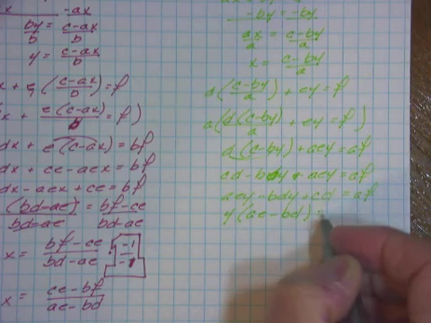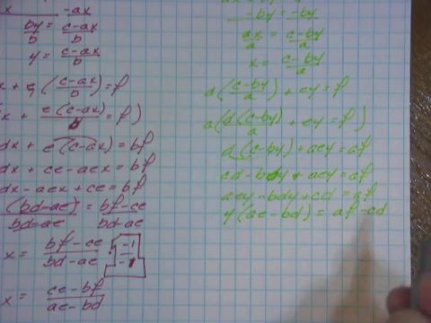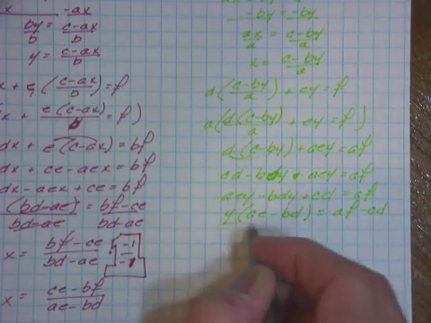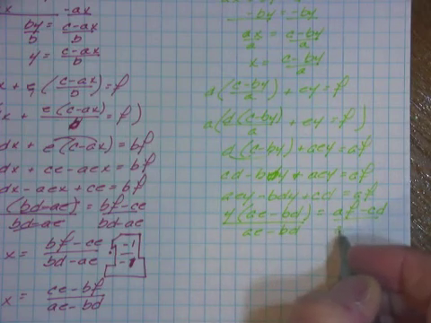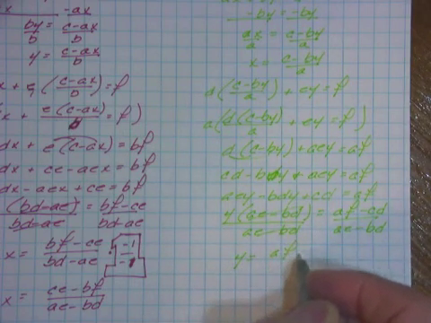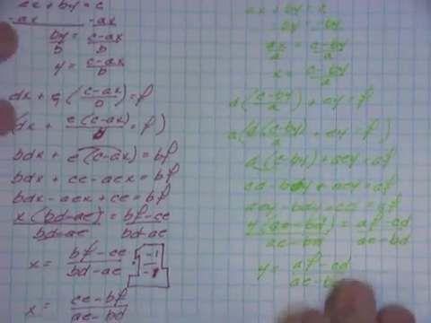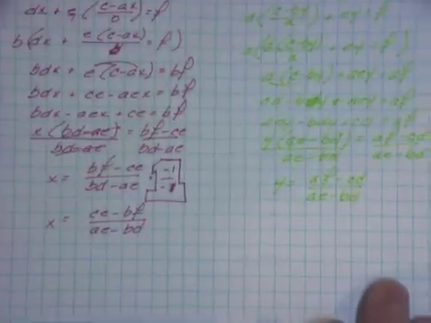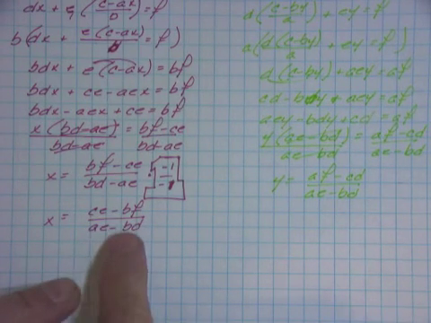That's so that I can factor out a y here and have ae minus bd. And I'm going to subtract cd from both sides, so that's af minus cd. Divide both sides by ae minus bd. That cancels, and y equals af minus cd over ae minus bd.